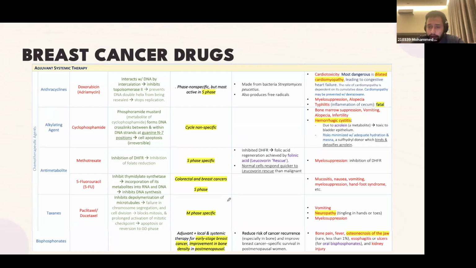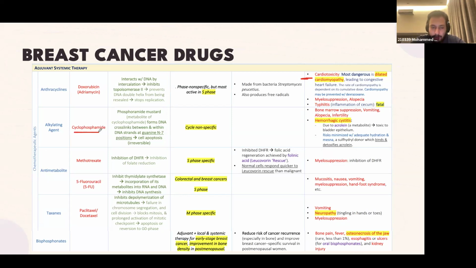Now you have adjuvant chemotherapy that you use also. For example, anthracyclines such as doxorubicin. Most important thing to remember is cardiomyopathy. Cyclophosphamide causes what as a side effect? Hemorrhagic cystitis. What do you give to these patients? Mesna, excellent.